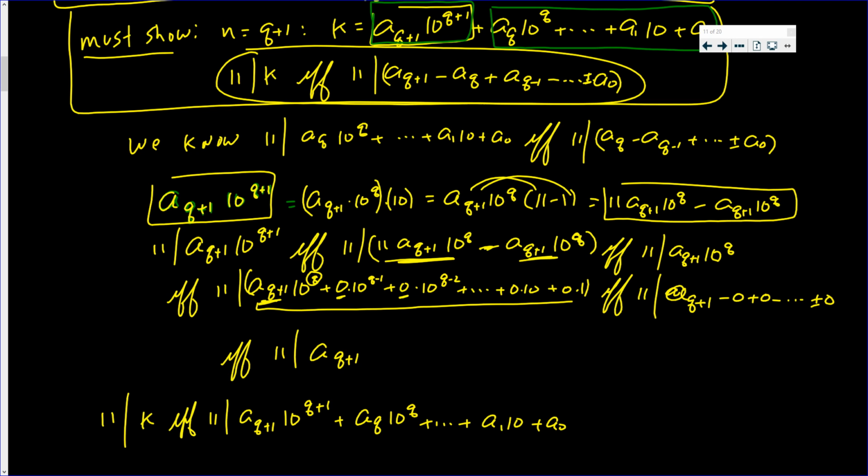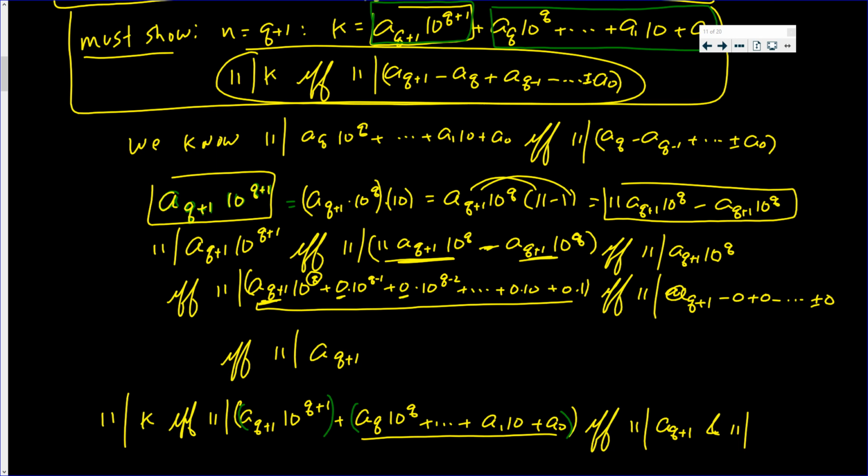Now, let us bracket it like this. This plus the rest. But this is if and only if 11 divides a(q plus 1) and 11 divides this.